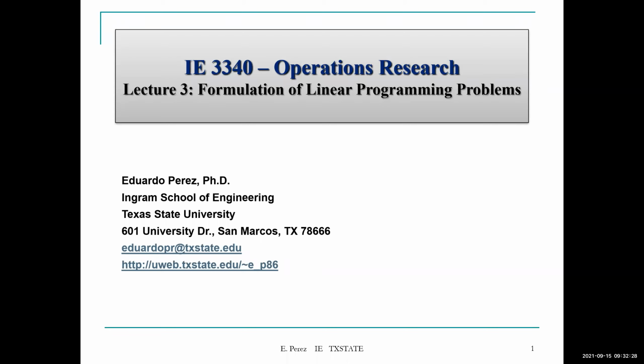On Monday, we started our discussion on formulation of linear programming problems, and we went through some applications related to practical problems in which you can apply linear programming. Formulation in terms of production planning examples, the scheduling examples, and we also did the diet problem.